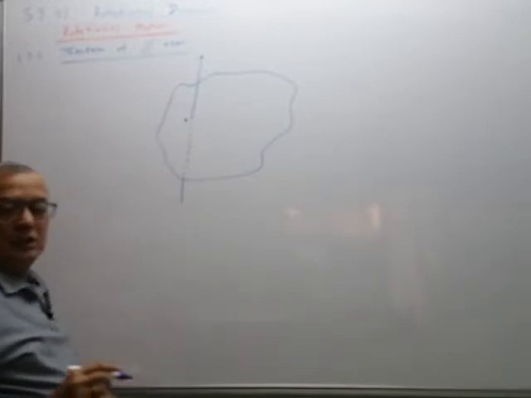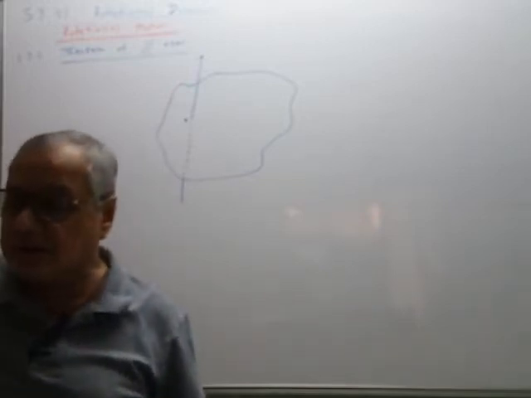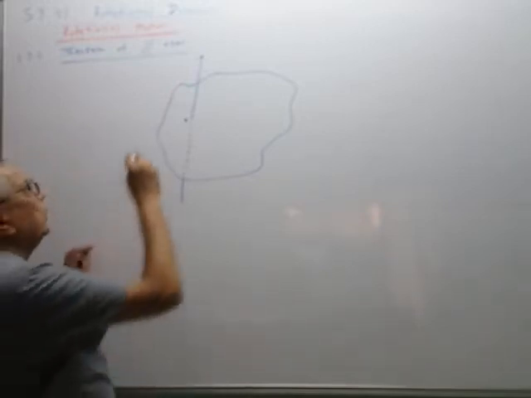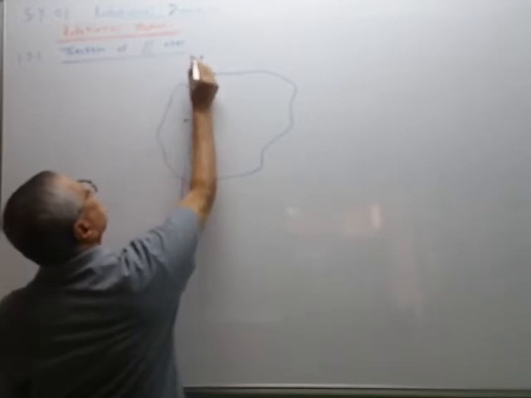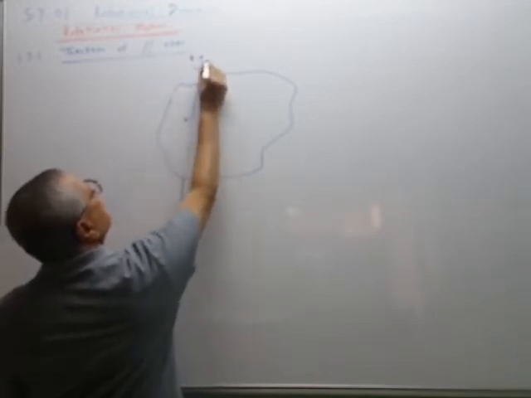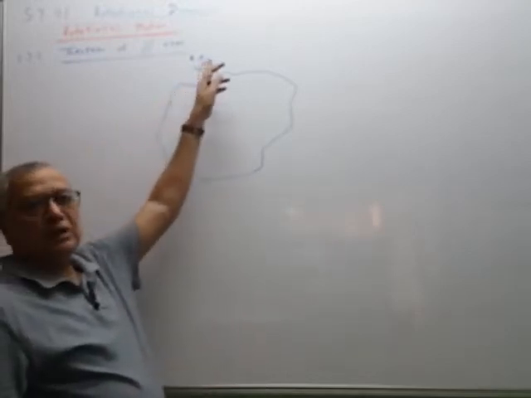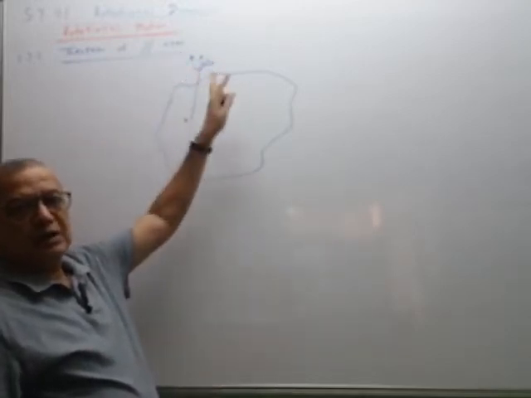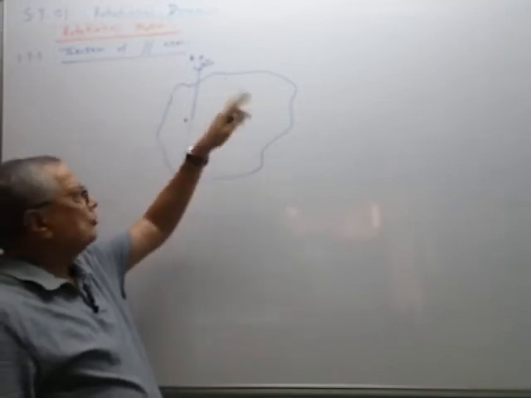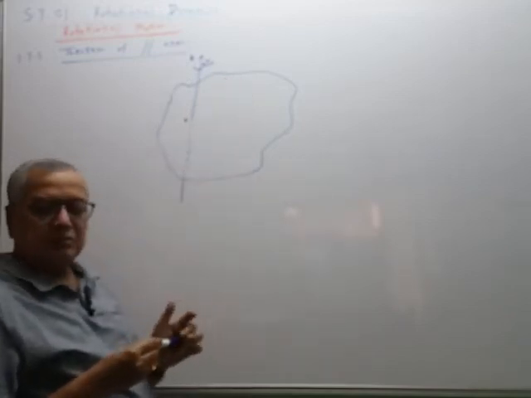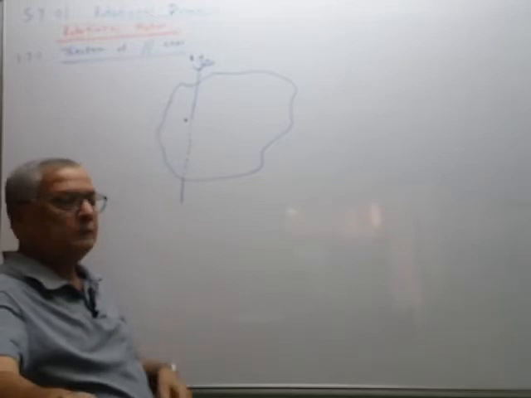So in our notes we have denoted this axis by OA. So about this axis, if the body is rotated, its moment of inertia is denoted by IO. Now we have to determine the value of IO, and for that purpose we are using this type of arrangement.